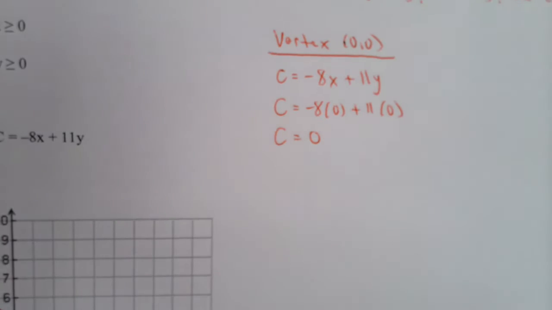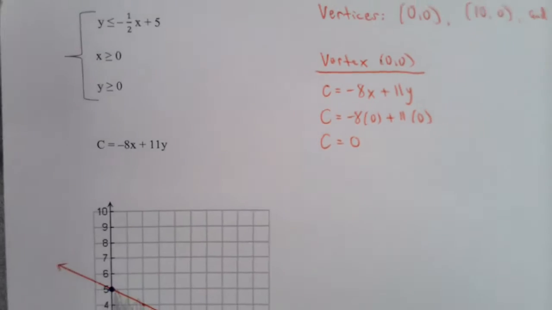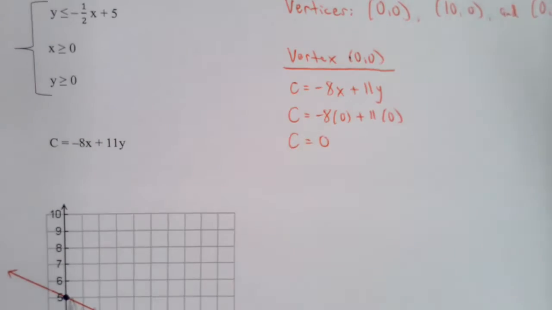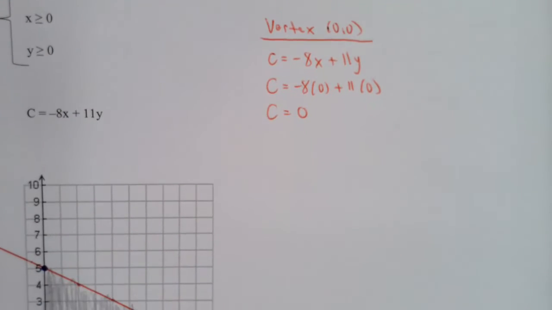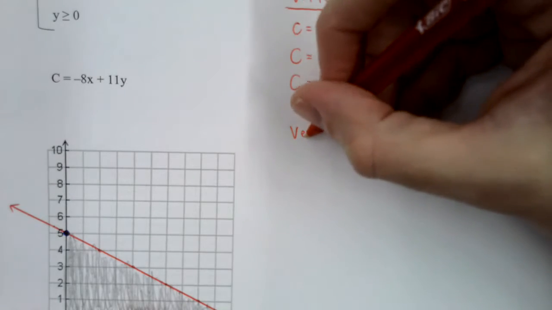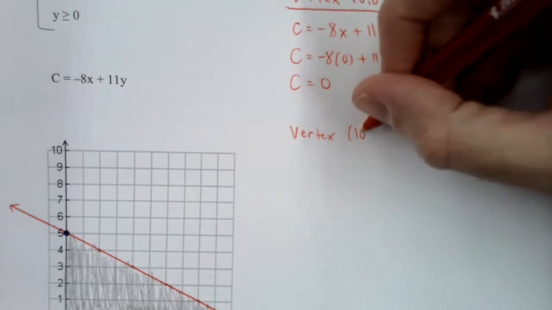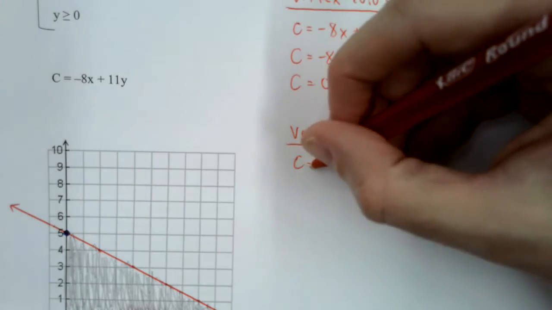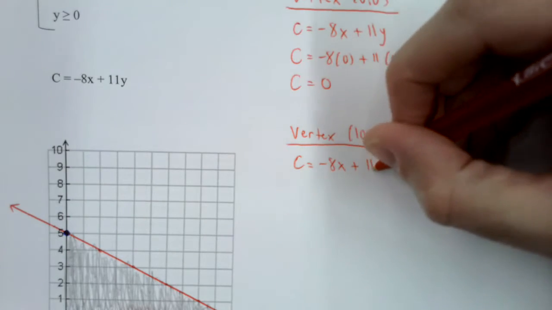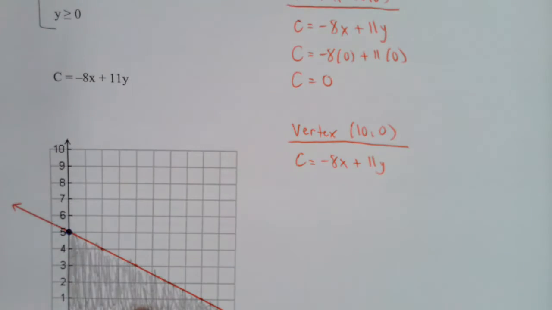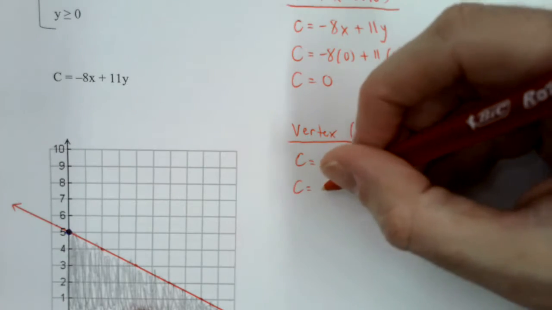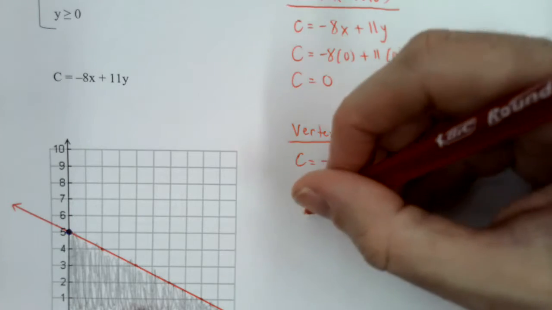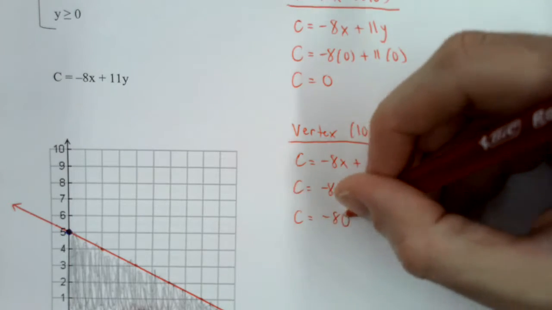Now let's do the same thing with our next vertex, which is (10, 0). Copy down the objective function. This time replace the x with 10 and the y with 0. And that gives you C equals negative 80.